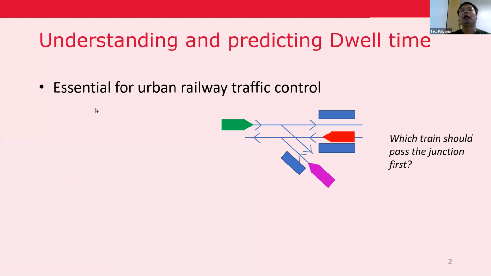For example, imagine that this is a flat junction, and which train should go first? Maybe some trains are stopping at a platform. So predicting dwell time is a very important element for traffic control.